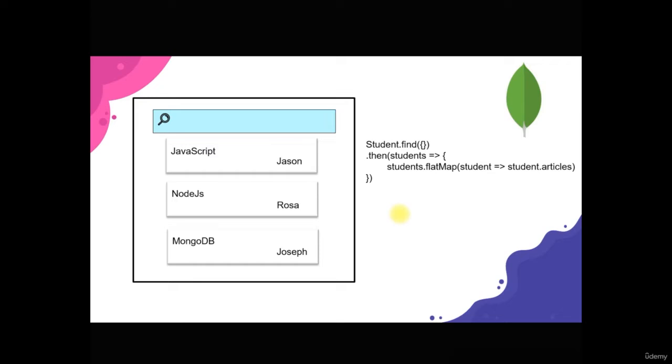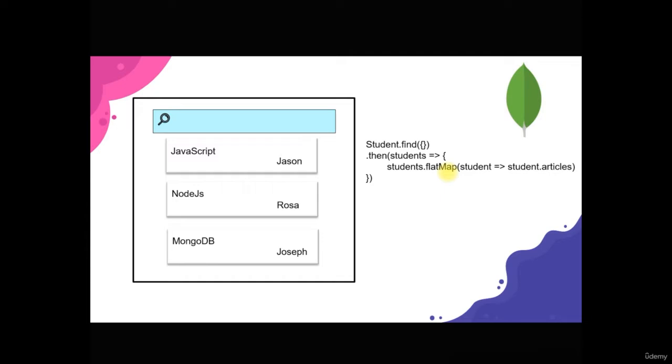But on the other hand, the students that we fetch from the database might have no articles at all, and the list will be shown as a list with no articles. So remember that if we're going to be wanting to see every article of one student, our schema will have to be perfect for that kind of stuff.